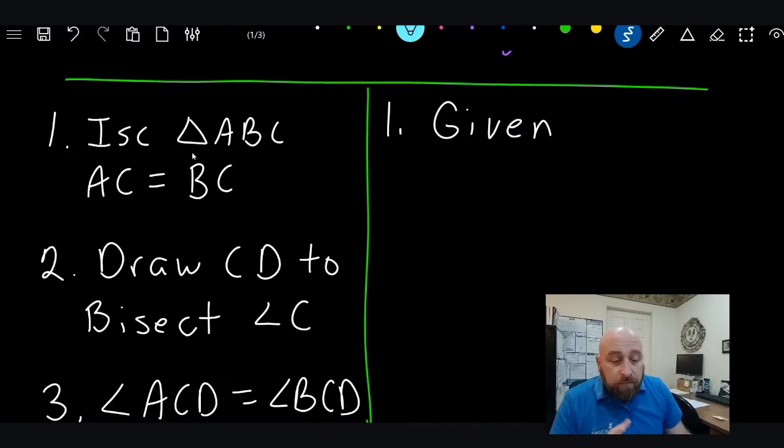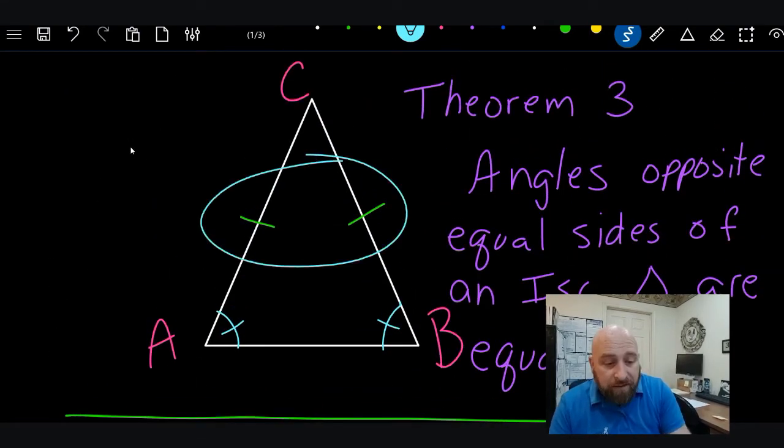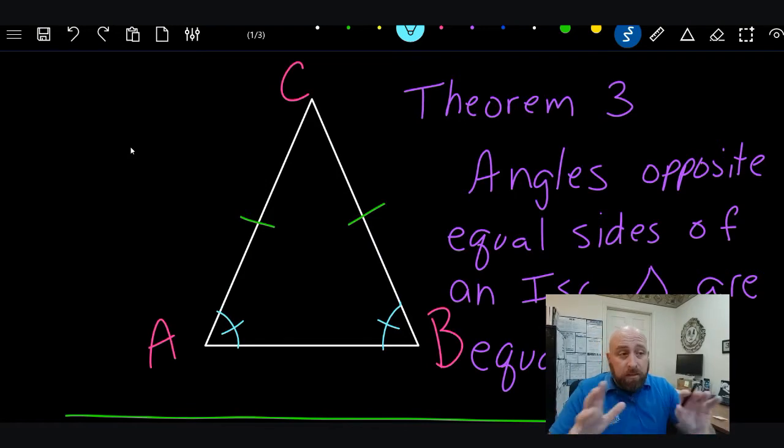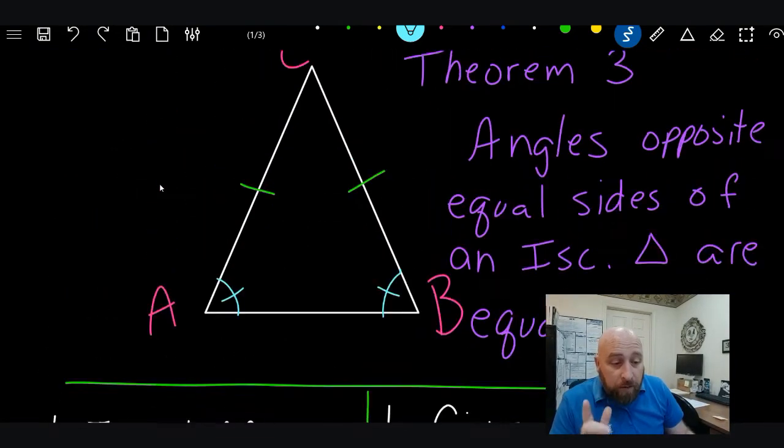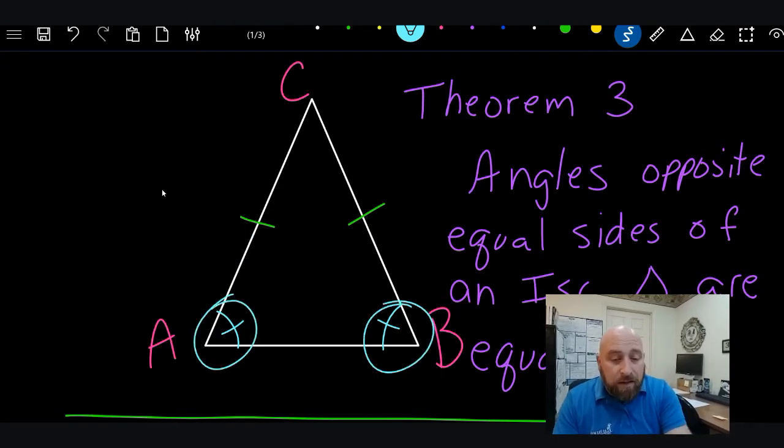Here's what he did. He said, all right, my given: I have an isosceles triangle, AC equals BC. Somebody told me this is what's given. Now remember, what are we proving? We're proving Theorem 3, that these angles down here are equal.